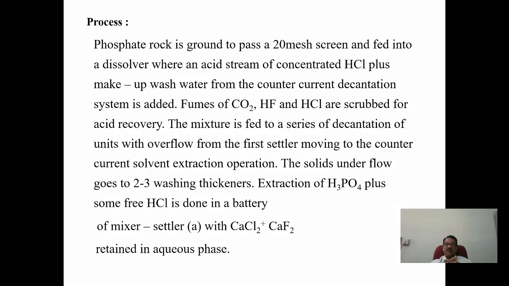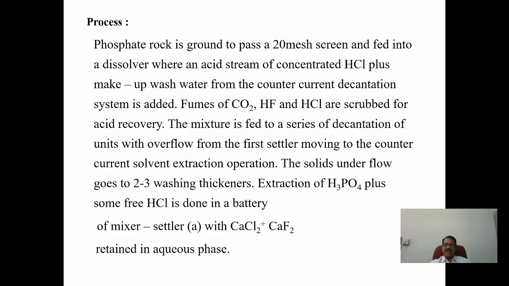Phosphate rock is ground to pass a 20 mesh screen and fed into a dissolver where an acid stream of concentrated HCl plus makeup wash water from the counter current decantation system is added. The fumes of carbon dioxide, hydrogen fluoride, and unreacted hydrochloric acid are scrubbed to recover HCl from these fumes.